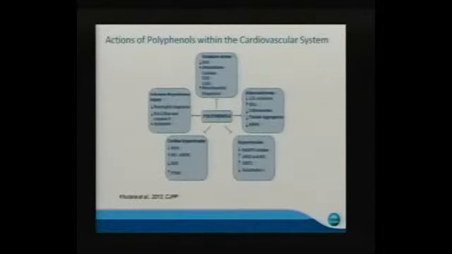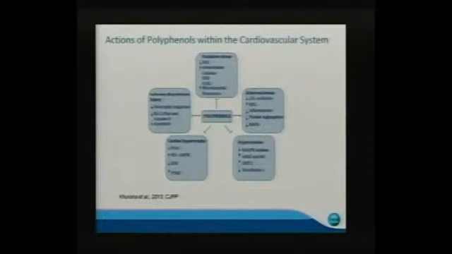And if you look at the reported properties of polyphenol within the cardiovascular system, as you can see, oxidative stress plays a role: reduction in oxidative species and increased mitochondrial activity. Then there is this atherosclerosis component: prevent oxidation of LDL, increase HDL, and so forth. And there is evidence on MMPs, the matrix metalloproteinases.